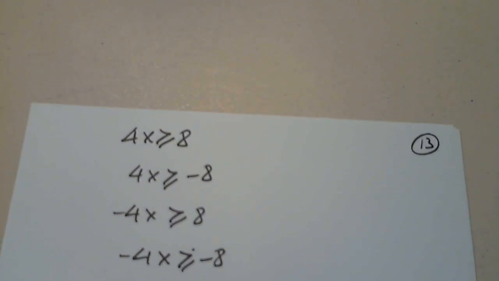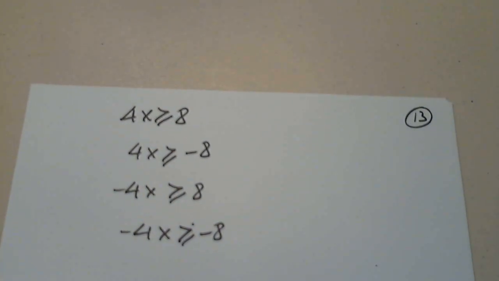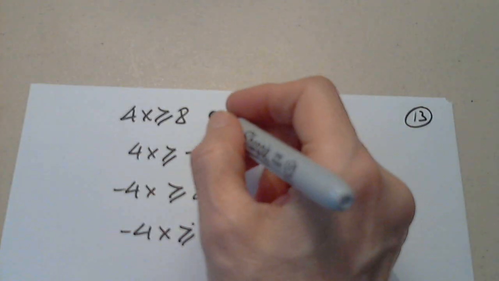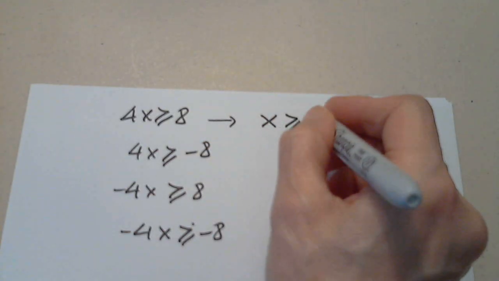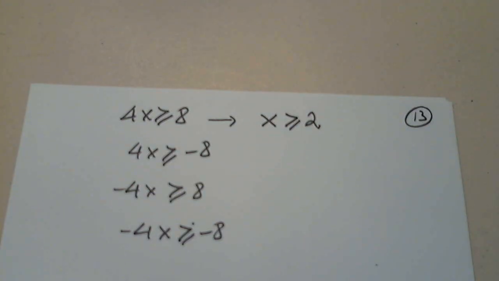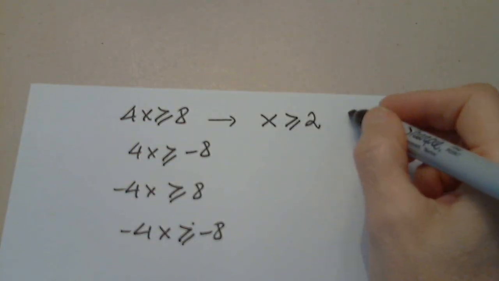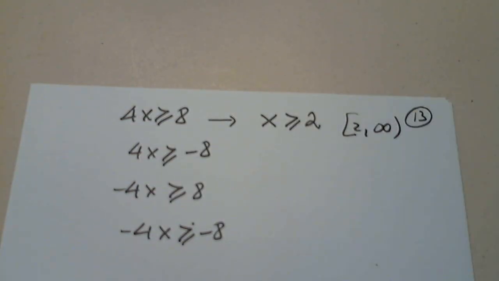The first one, what will you do to solve for x? Divide by 4. Yes. So then this stays as is, meaning I do not change the inequality symbol or flip it, because I divided both sides by a positive number. In interval notation, I have to write the bracket 2 to infinity.